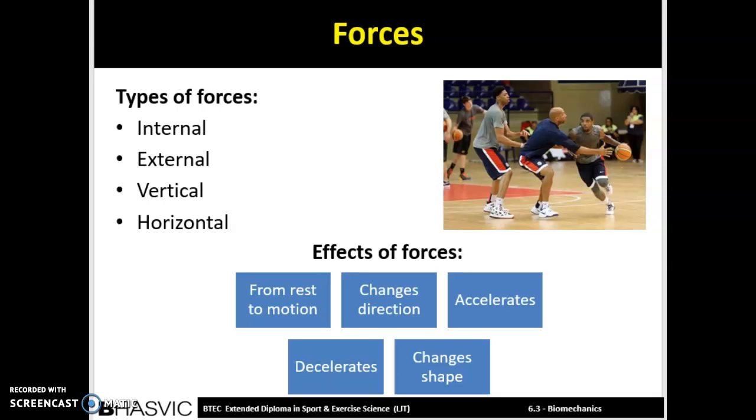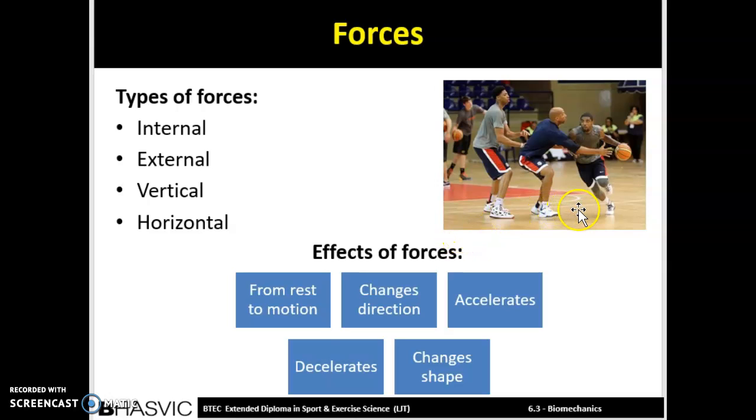For a basketball player dribbling, their muscles work to produce internal forces, which then cause their legs to put a downwards force onto the ground to then get a normal reaction force which pushes them along the court so they can run and dribble across the court.